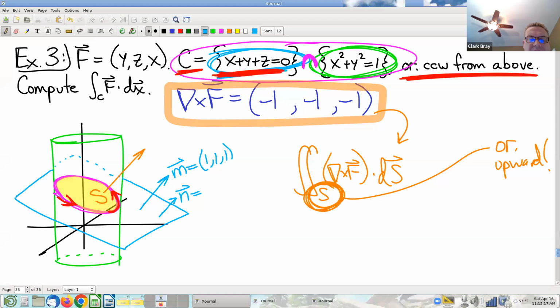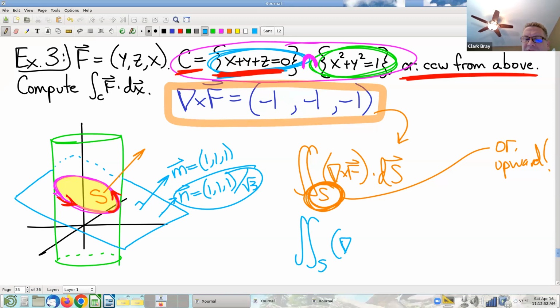That is normal to the plane after all. And then I can make that a unit vector by dividing by the square root of 3. Now we've got a unit normal vector. And then I can say, and this is totally fine, that I've got curl dot little n ds. This is perfectly legal. No problem.